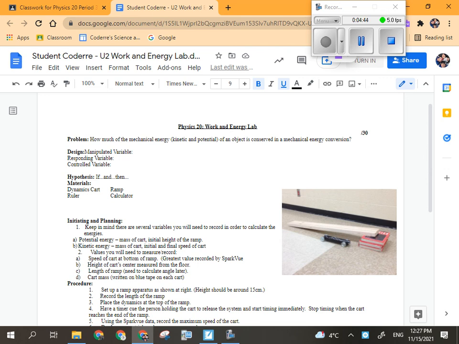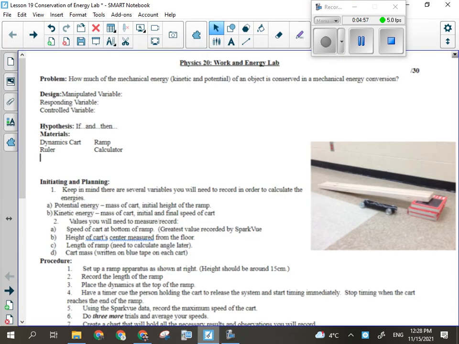Okay, for your hypothesis, we've got our if, and, then statement. The if part should talk about the law of conservation of energy. Basically, it just needs to tell me what the law of conservation of energy says.